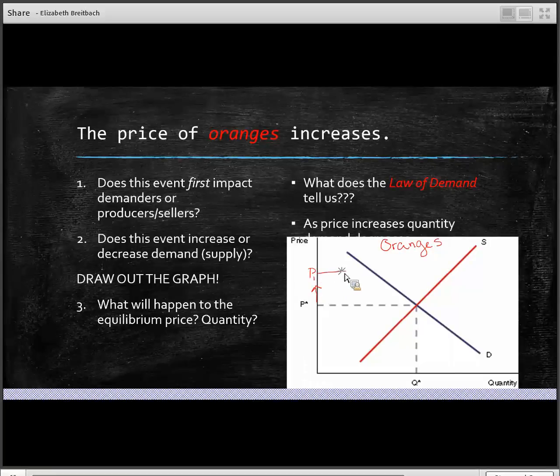When we're talking about the price of the good in the market that we're analyzing, that represents the law. It doesn't represent the other things equal. Okay? Changing the price of the product is not changing the other things equal, it's only changing the quantity demanded or the quantity supplied.